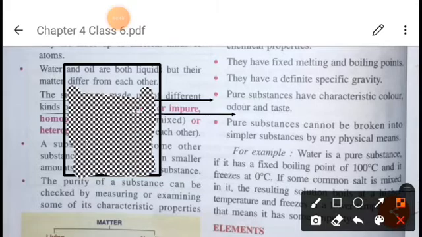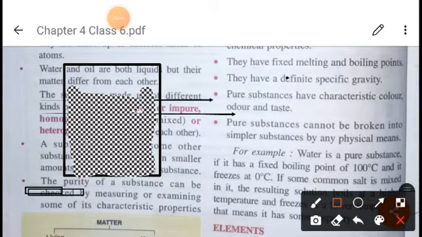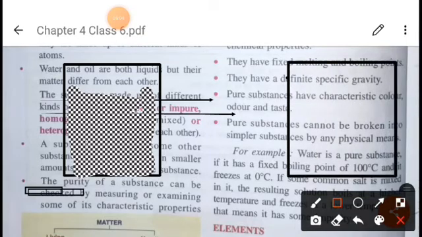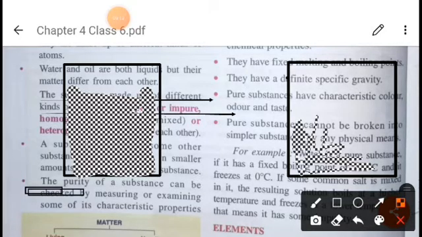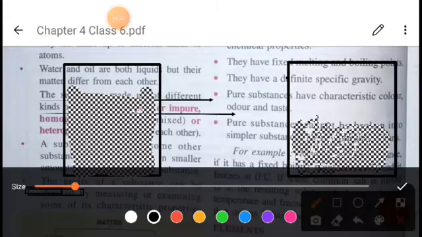And we have taken another container, and in this container also we have taken some mixture. Here we have taken salt and water, right?